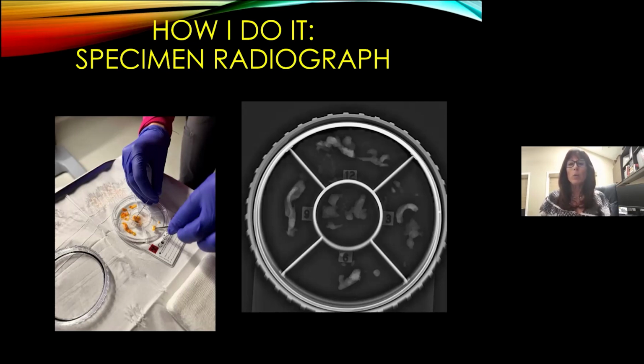However, knowing which cores have the mammographically significant calcifications is helpful for them as they do their own rad path correlation. So we look at the specimen radiograph and say, okay, 12 o'clock, 9 o'clock, those are going to go into container number 1, and the rest in 3 and 6 and the center are going into container number 2.